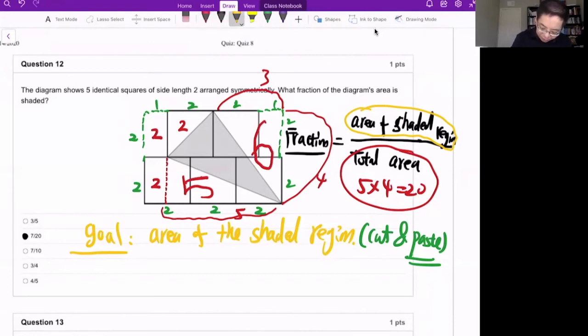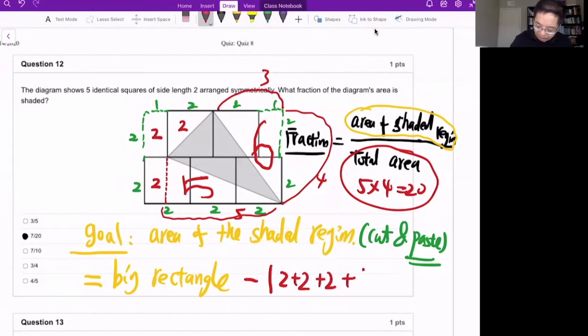So I get the area. The area of the shaded region is the bigger rectangle minus those outside parts. So I subtract 2 plus 2 plus 2 plus 5 plus 6. Let's calculate this. The bigger rectangle is 4 times 6, so that's 24.